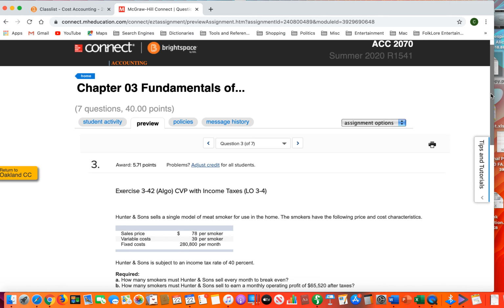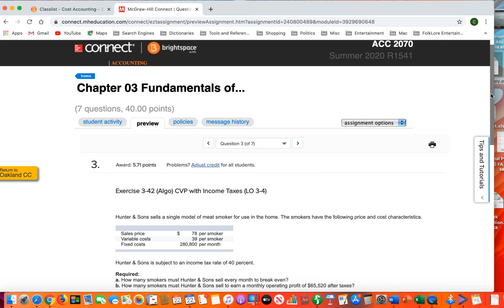So, take a pencil or whatever and write this down. Write down 280,800 plus, open a parenthesis, 65,520 divided by 0.6.